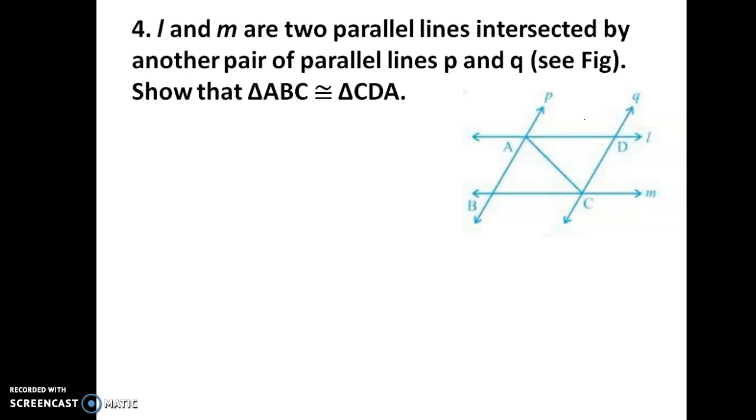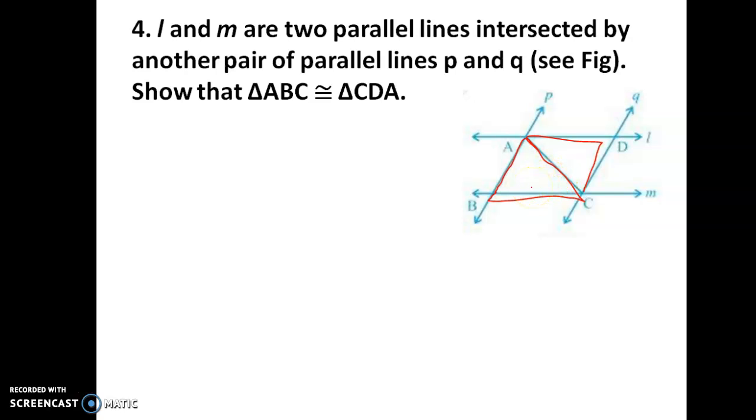Okay, so we have to prove this triangle ABC is congruent to this triangle CDA. We have to prove these two triangles are congruent.